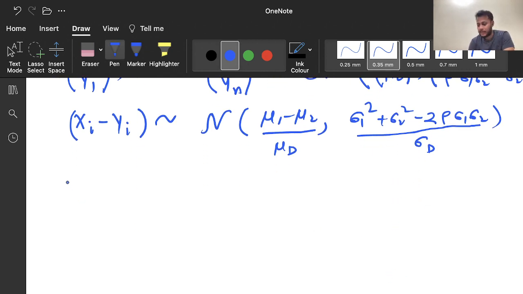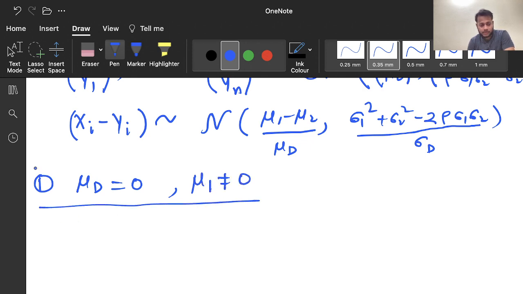And here again the null hypothesis is that mu d is 0, that means mu1 equal to mu2, and the alternative hypothesis is mu d not equal to 0. This is hypothesis number one.